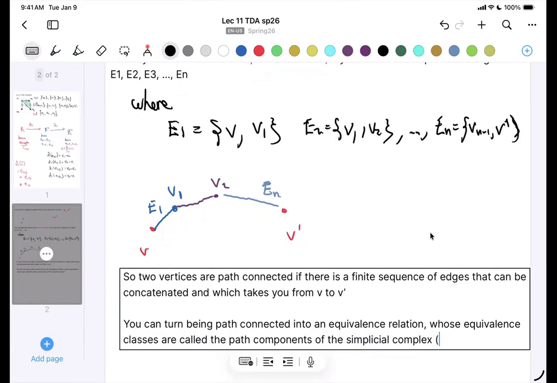More generally, in a more general context, these are called the connected components.